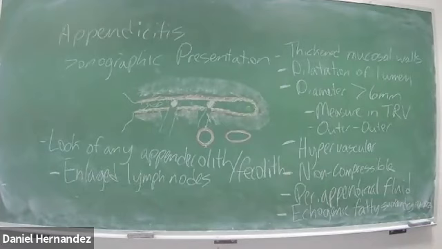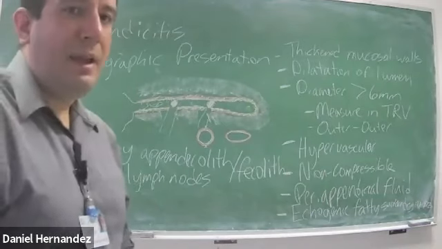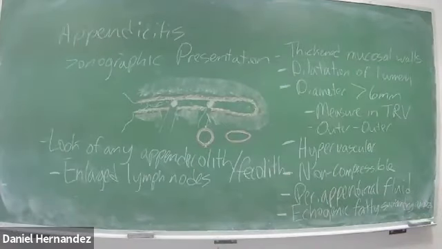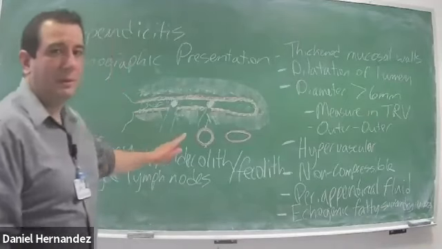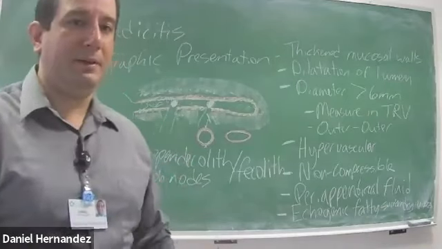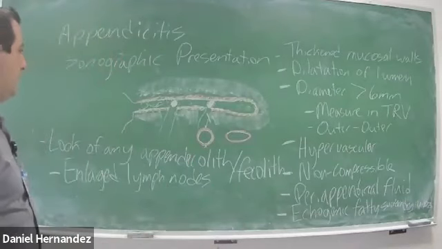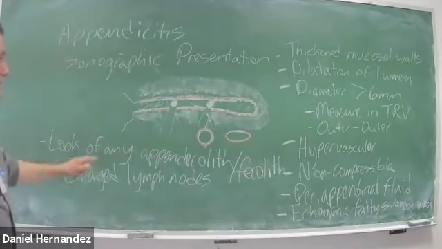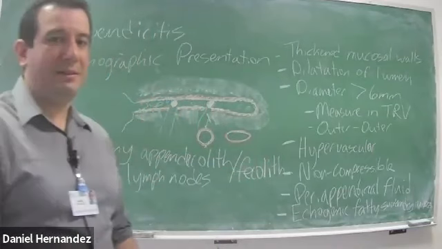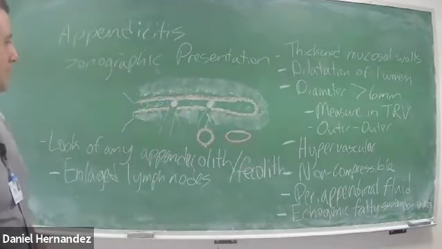So it's important to look for some of these other ancillary signs of appendicitis, because remember, we may not potentially be able to visualize the actual appendix. I mean, when the appendix is positive, it's infinitely easier to find it, locate it, diagnose it than it is a normal appendix.